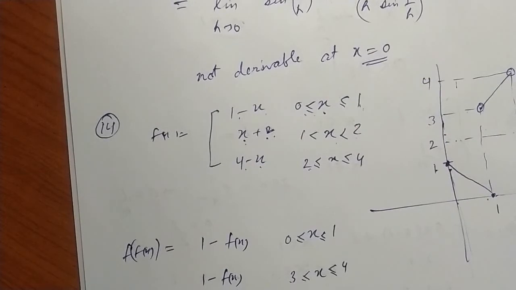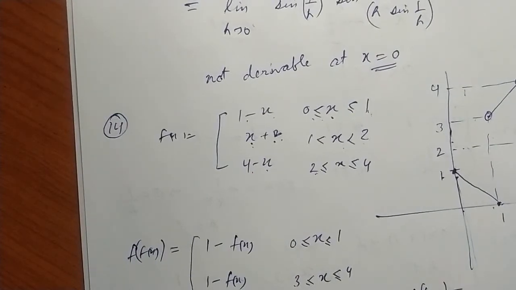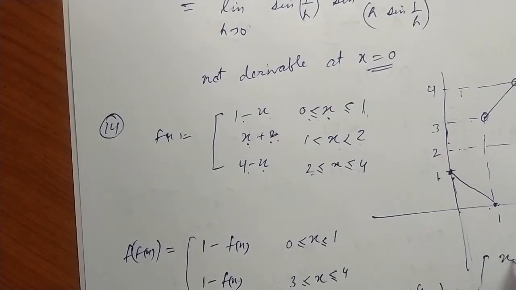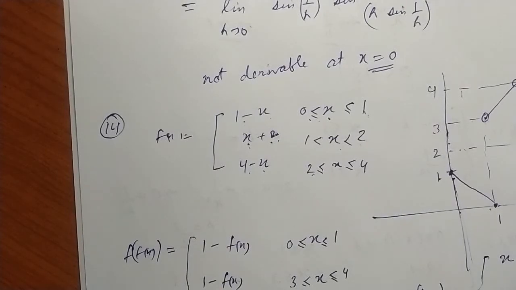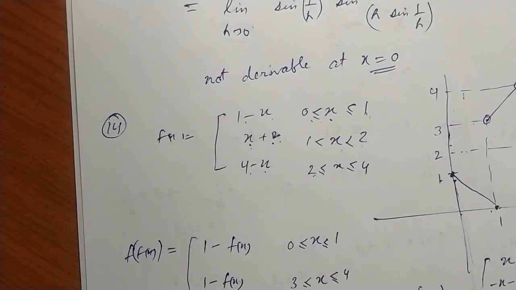Okay, now let's solve this. So we have f of f of x is equal to x when x is between 0 and 1, minus of x minus 2 when x is between 1 and 2, and we'll need to check at x is equal to 2 as well.